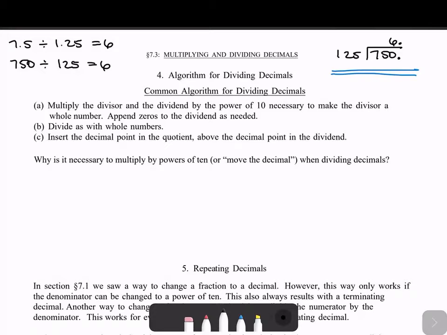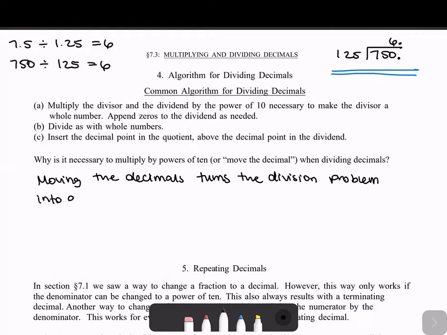The reason that we need to move these decimals is that moving the decimals turns the division problem into a simpler problem where we divide by a whole number.